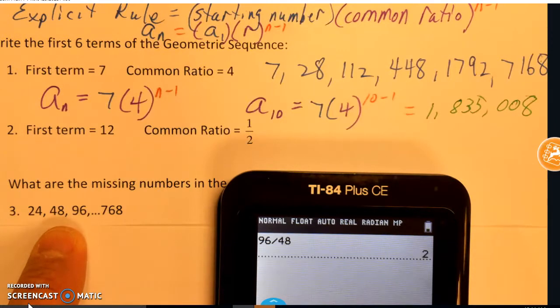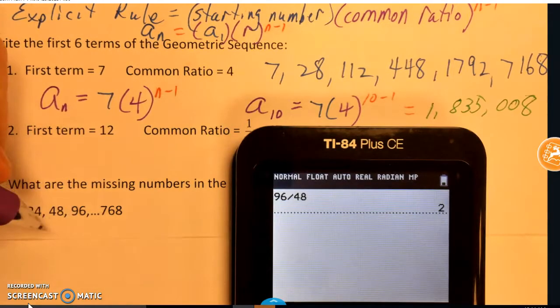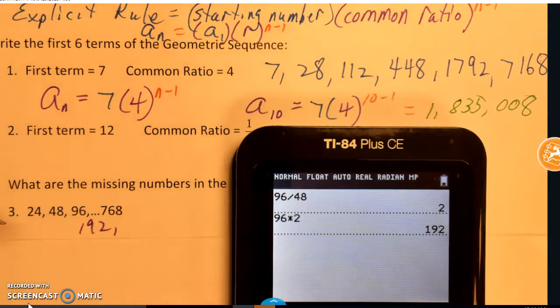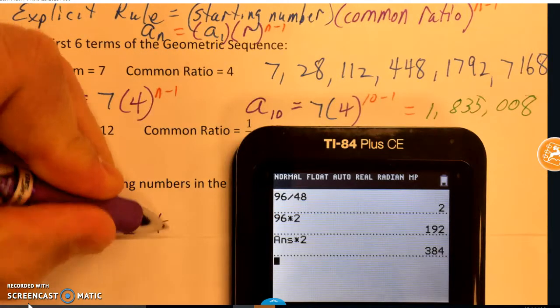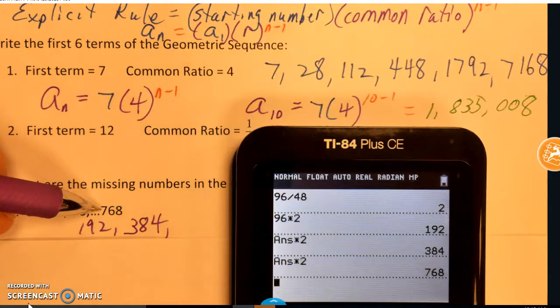So my common ratio here is 2. So to find my missing numbers, I'm going to go 96 times 2. That's 192. Times 2 is 384. Times 2, well, 768, I already have that. That's not missing. So those are all the numbers. I was only missing 2 numbers in that sequence.